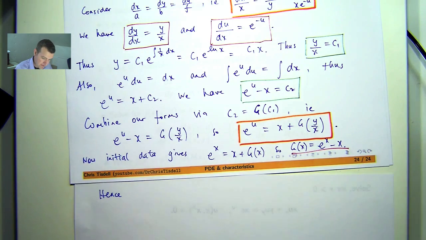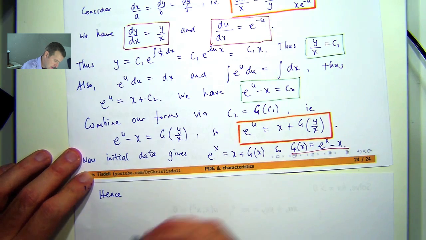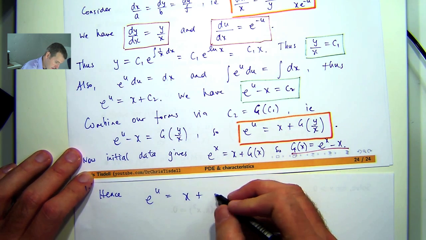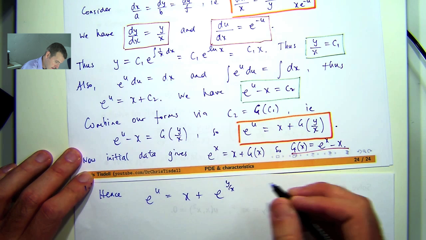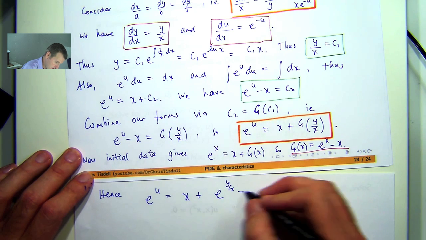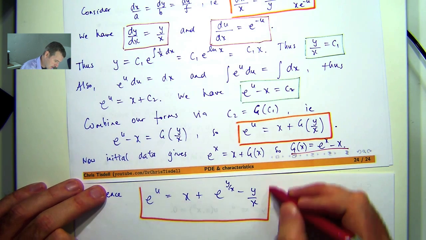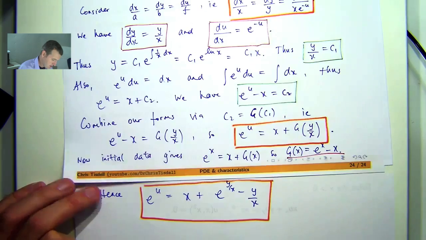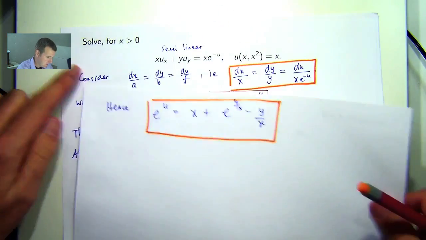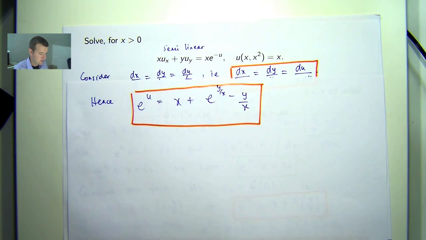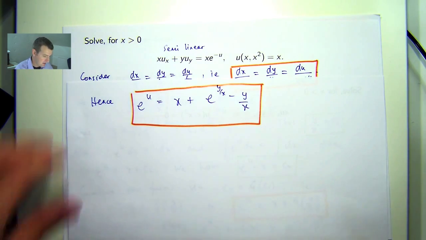We've determined big G. If you check this, you can show that this satisfies the Cauchy data and the original partial differential equation.